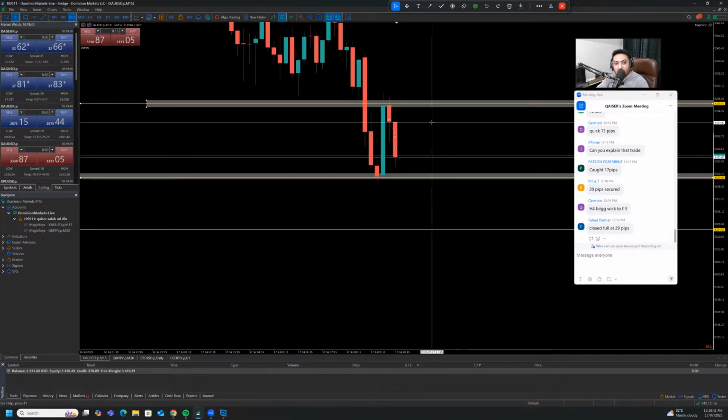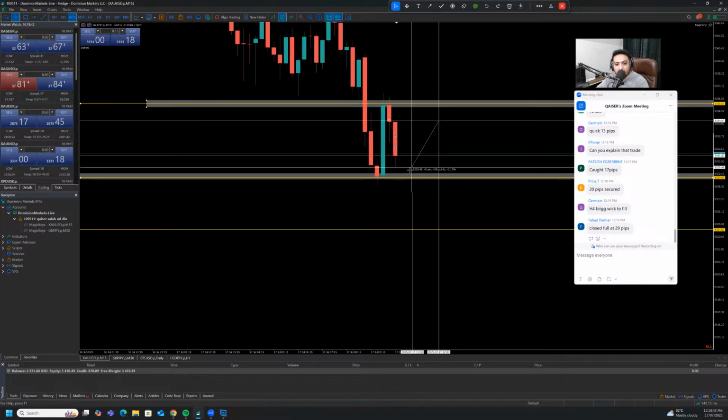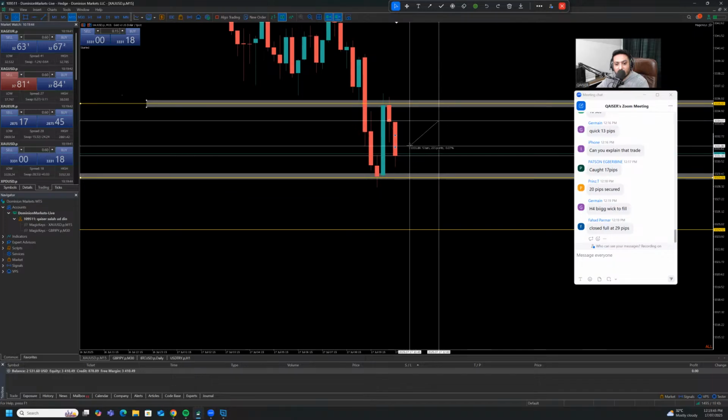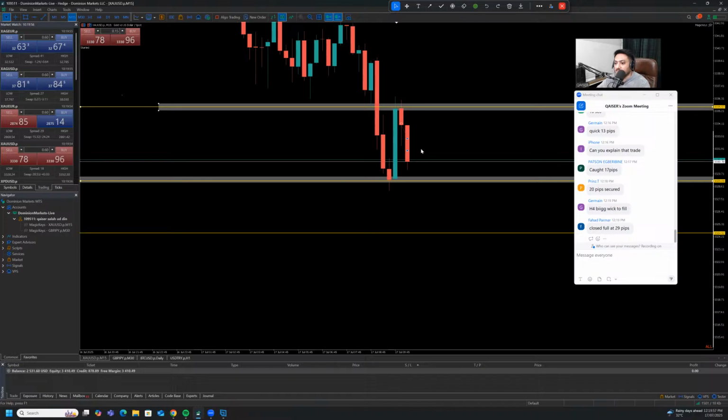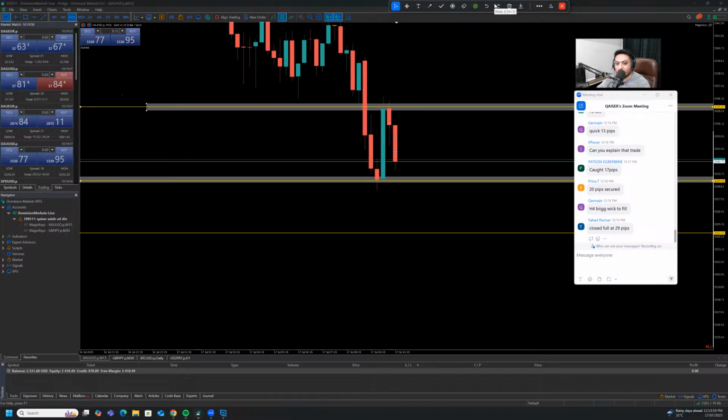I just grabbed the middle of the range. It was a 40 pip range, and I grabbed 26 pips somewhere here. Just happy with it. Very nicely done. So what was my plan? If someone knew what my plan was, they would understand. I just executed with my plan.